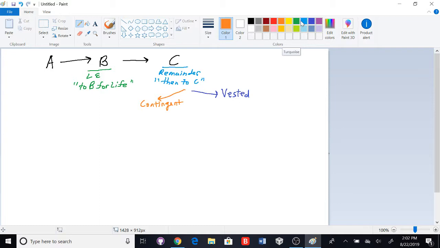If something is unknown, it's contingent. If it's not unknown, it's vested. I'm going to write those down in blue: 1, condition precedent, question mark, and 2, unknown.